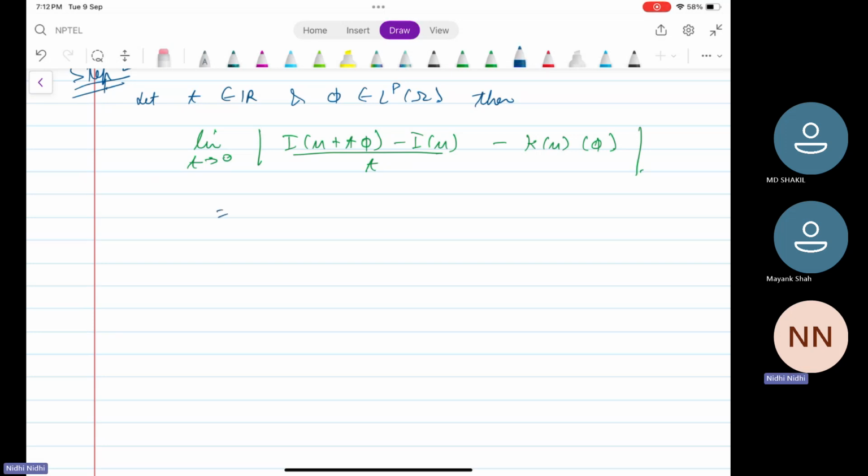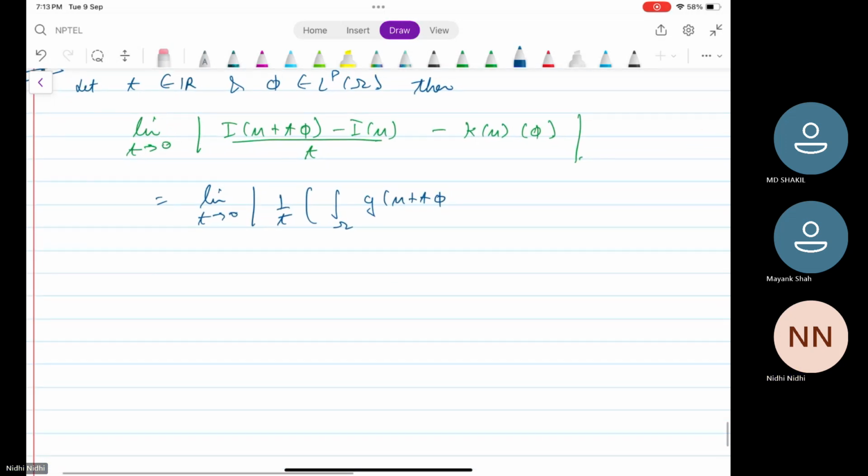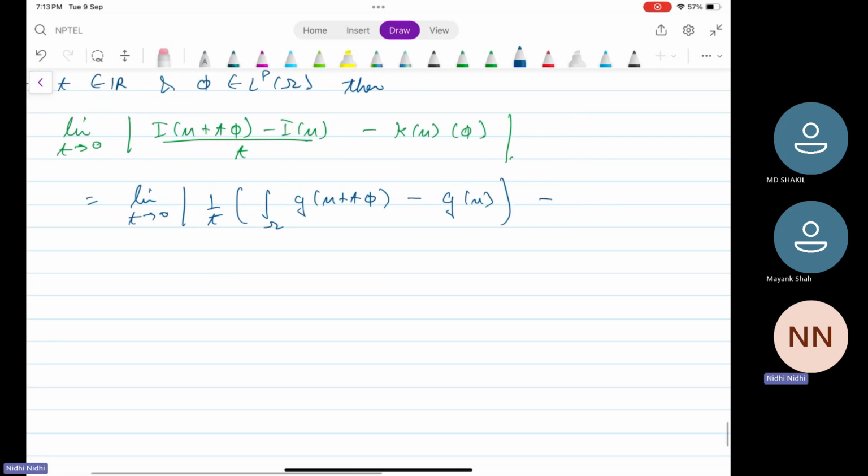This is, by definition, equal to the limit as t tends to 0 of the norm of 1 by t times the integral over omega of g of u plus t phi minus g of u, minus the integral over omega of g dash u times phi, since ku phi is g dash u times phi.